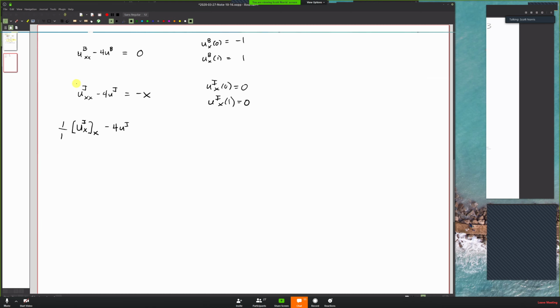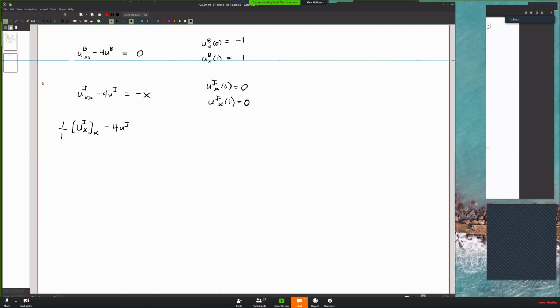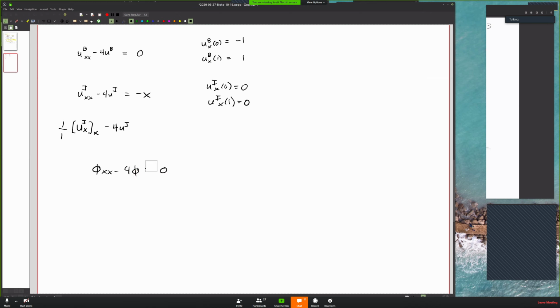All right, you should be able to find that the eigenvalues and eigenfunctions satisfy this equation.